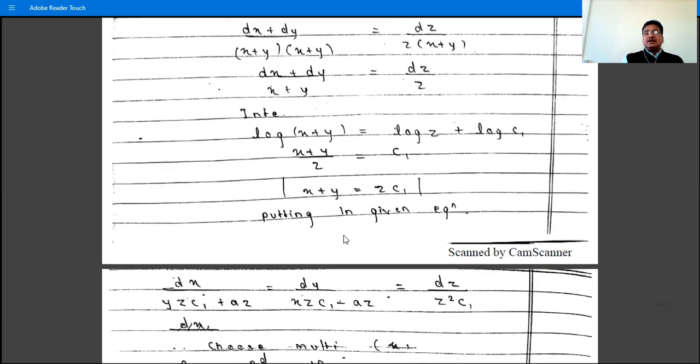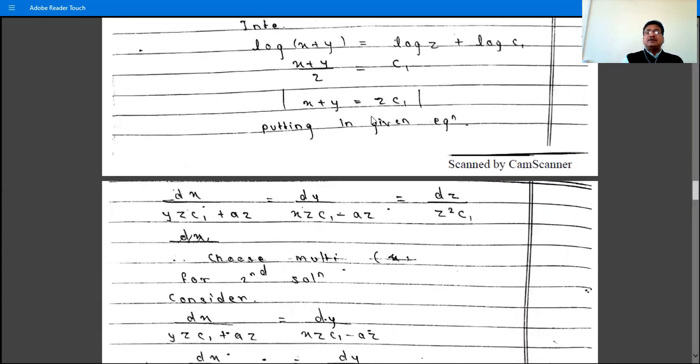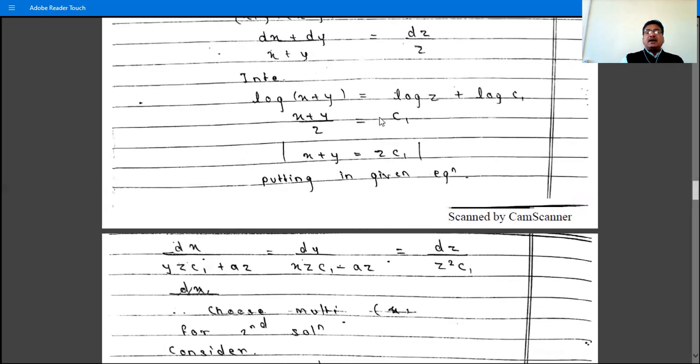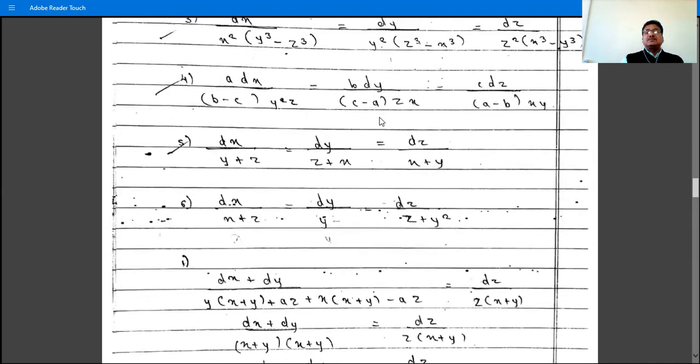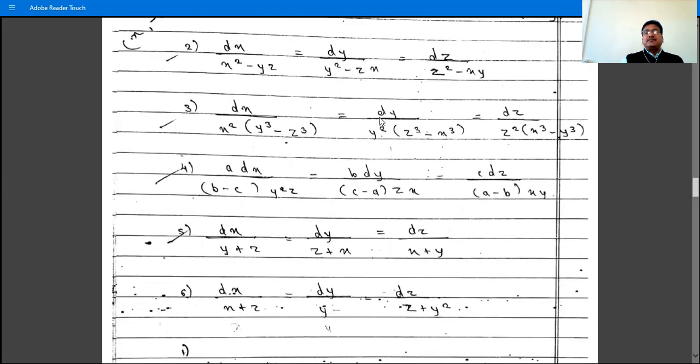We have this answer. And in order to find the second solution, we can also use the first solution. So substitute x plus y as c1 z in the example.